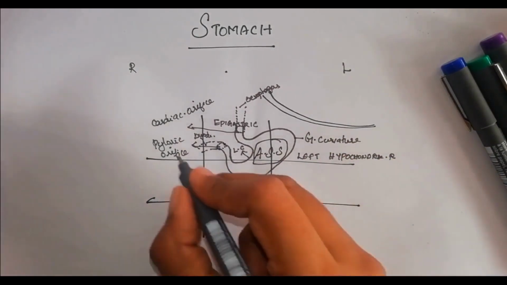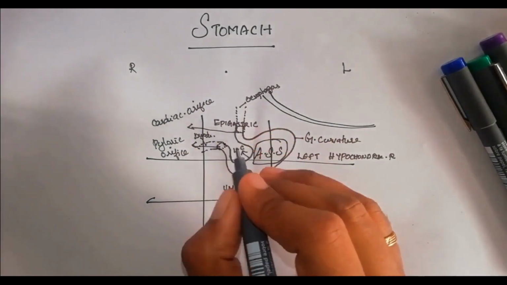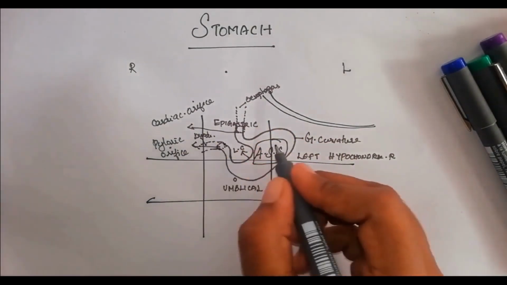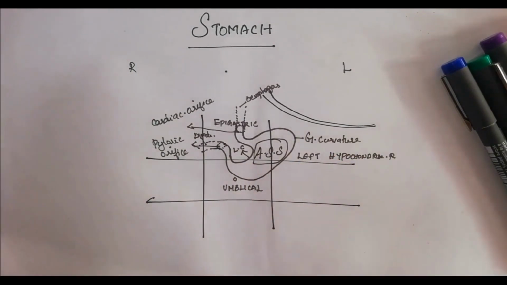So these are the parts of the stomach: two ends, two curvatures and two surfaces. And now we will deal with how we anatomically divide the stomach into parts, such as the three areas: fundus, pylorus, and then the body part. So those things we will deal with now.